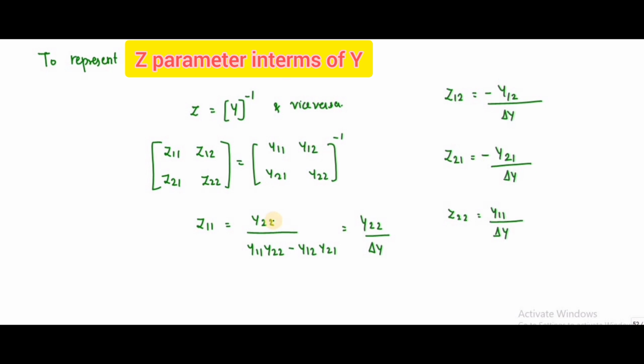So this y parameter is also called short circuit admittance, and Z parameter is called open circuit impedance, because open circuit means I want to make I is equal to 0. So if I is equal to 0, I need to open circuit that.